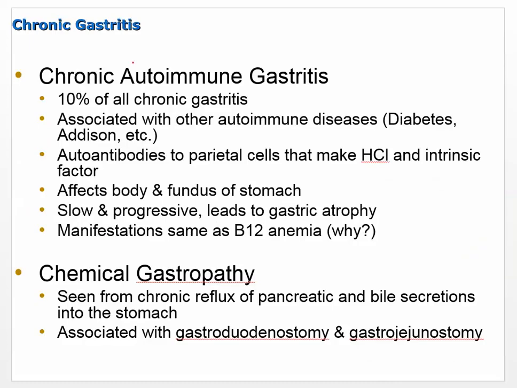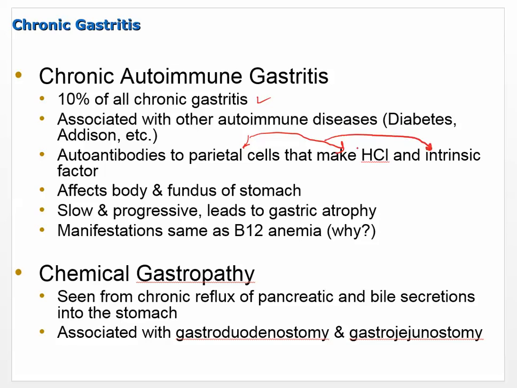So chronic, 10% of all is associated with other autoimmune diseases like diabetes, Addison's. They seem to kind of run in the same circles. If you have one autoimmune disease, there's a reasonable chance, or an increased chance I should say, that you can get others. Autoantibodies to parietal cells. Remember, parietal cells are what are making the hydrochloric acid, and they're also making intrinsic factor.